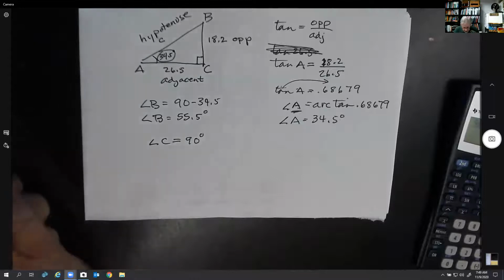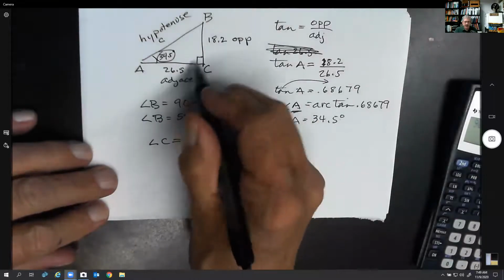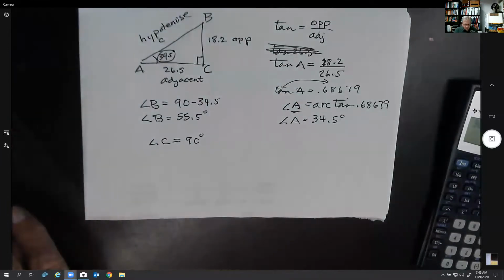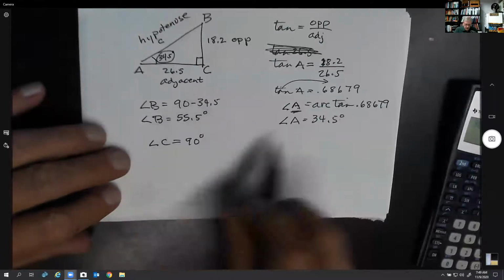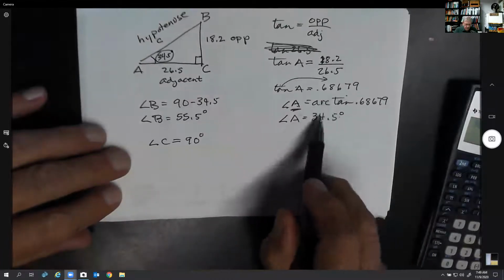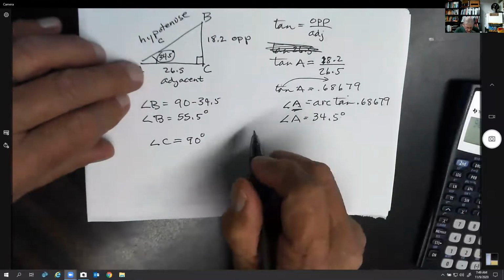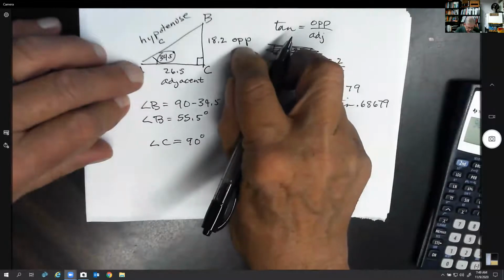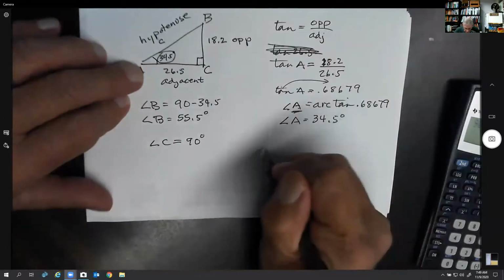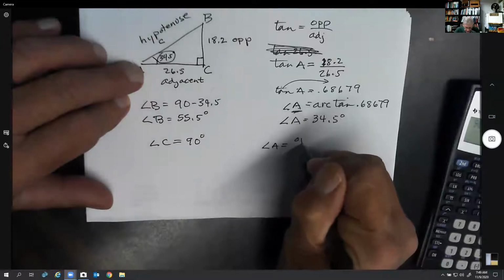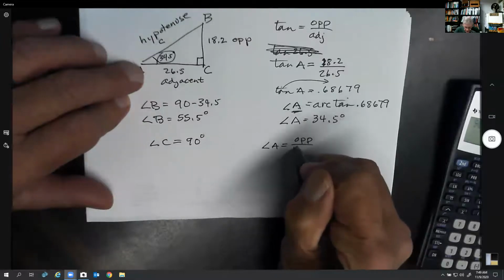Okay, now they want to find the hypotenuse. Now, what they did is they used the Pythagorean theorem. I guess we haven't found side C. Personally, what I would do is just use this angle right here, the one we had found. If we know angle A, we know the opposite, we need a relationship, opposite and hypotenuse, what would that be?